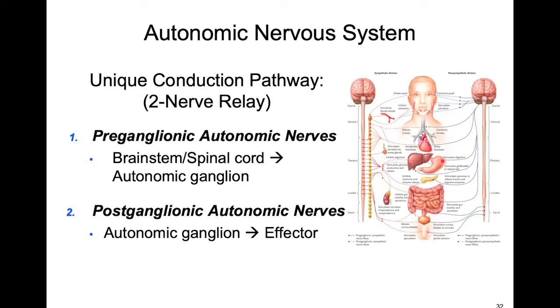And in the parasympathetic division, we have very short post compared to the very long pre. Ultimately, the preganglionic nerves connect directly from the central nervous system out towards the postganglionic neuron. And then the postganglionic nerves connect to the effector, whether it's cardiac muscle, smooth muscle, or glandular tissue.